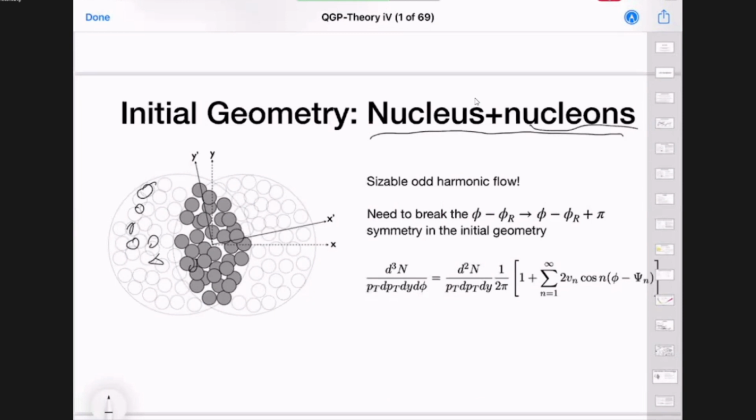Once that happens, the symmetry of a perfect circle is gone, right? Now I cannot say that if I interchange my target and projectile, nothing changes, right? Because even if both are, say, gold, this gold is slightly different from this gold, right?